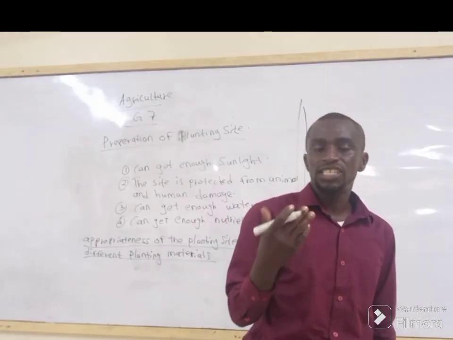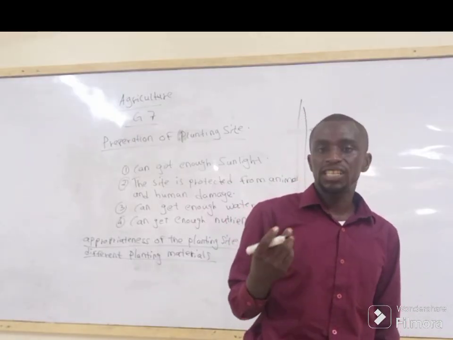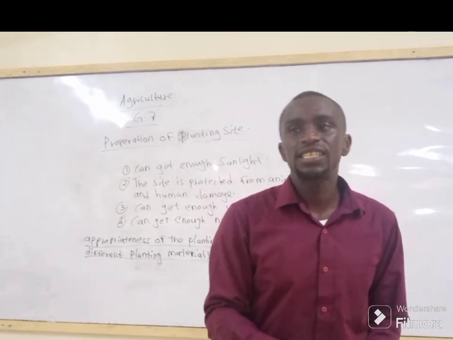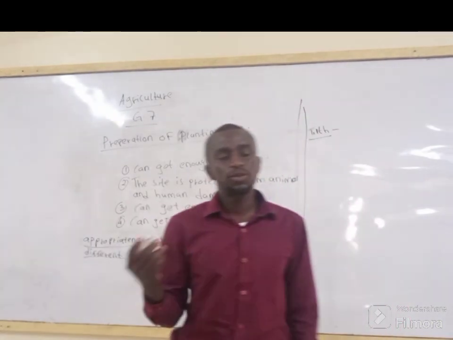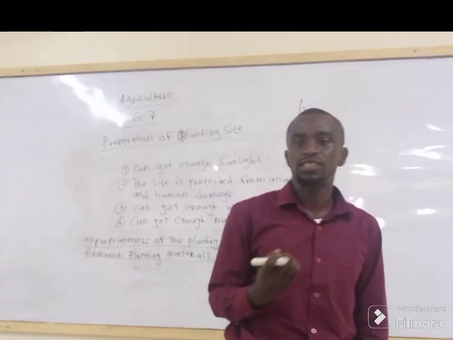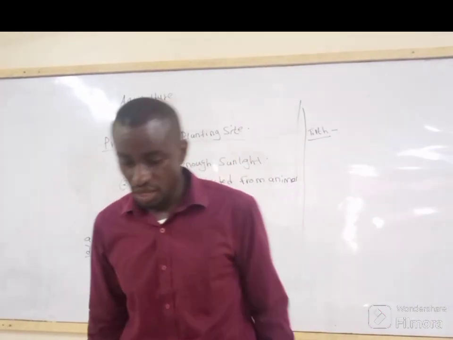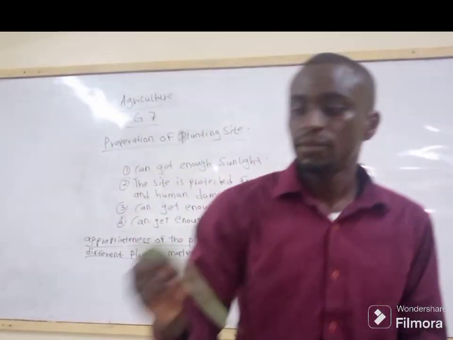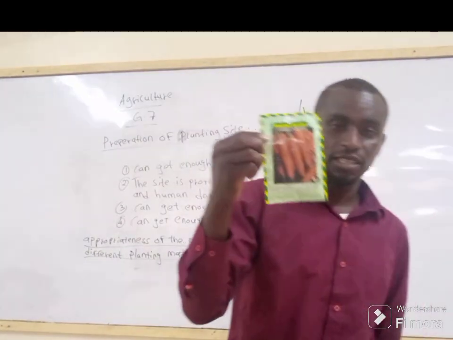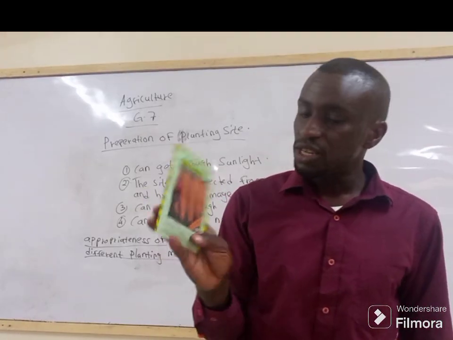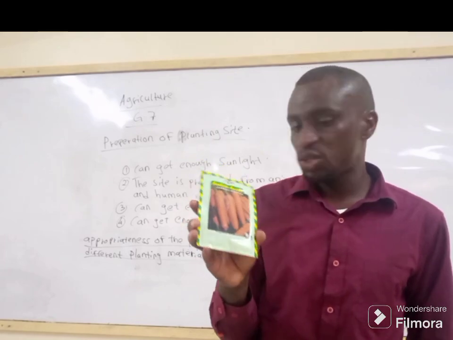We have fine tilth, which is suitable for small sized seeds. Those crops which have tiny seeds, examples are carrots. These seeds are normally very tiny. So when you want to plant carrots, you need to make sure you have a fine tilth.